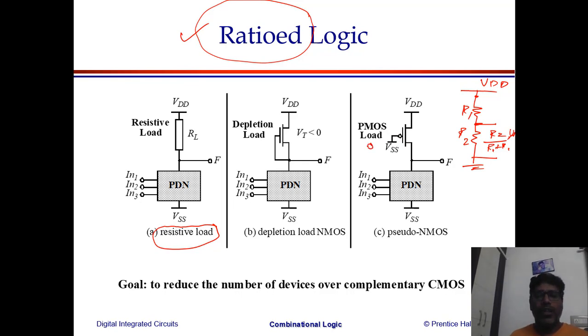So all these three styles of implementing a Boolean function could show you very clearly the number of transistors would have been drastically reduced from 2n to n plus 1, where this n indicates the number of transistors for the pull down network, whereas this 1 could even be 0. If it is a resistive load, you can just directly have a resistance, or else you can use an active device as a resistance, like a depletion load, or a PMOS which is permanently connected to ground.